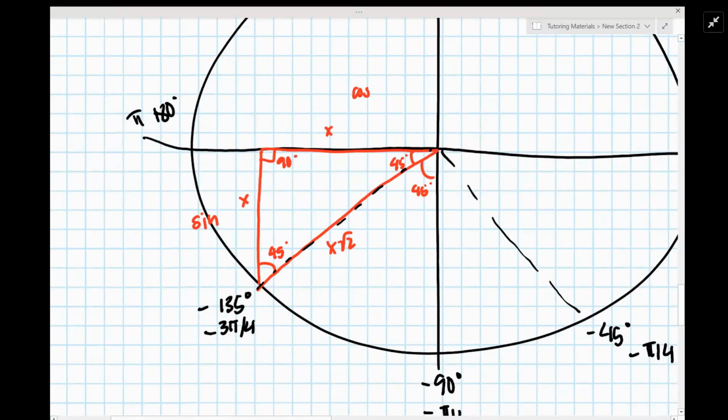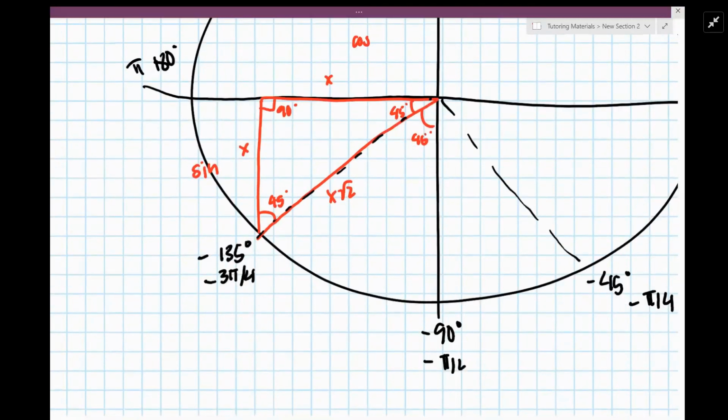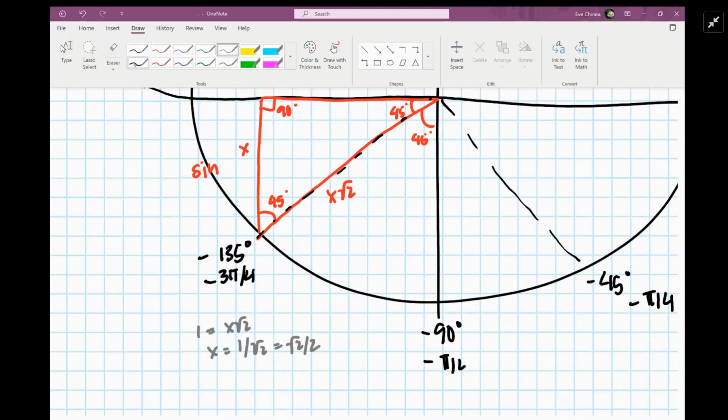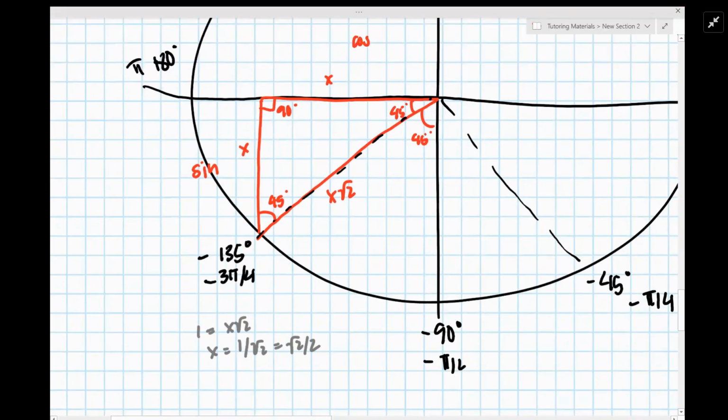So, again, this is the unit circle, so we know that the hypotenuse is 1. So 1 equals x root 2. So x equals 1 over root 2 equals root 2 over 2. So that means that this guy is root 2 over 2, and this guy is root 2 over 2. Okay, so sine and cosine are both root 2 over 2.